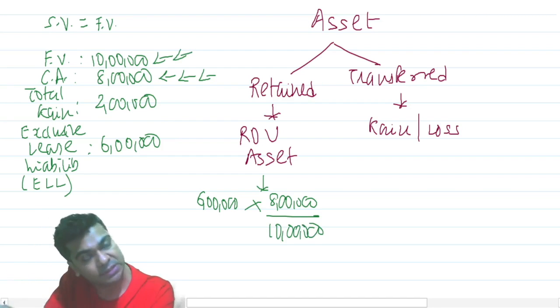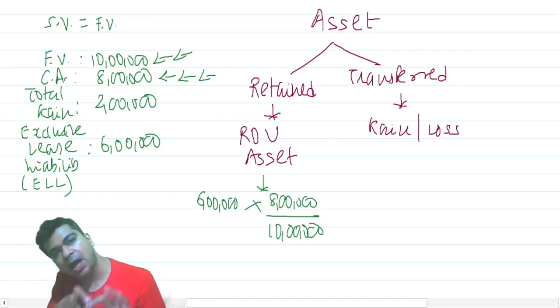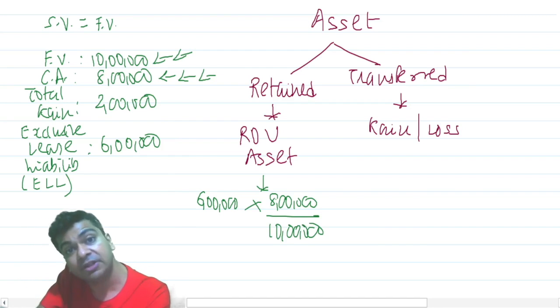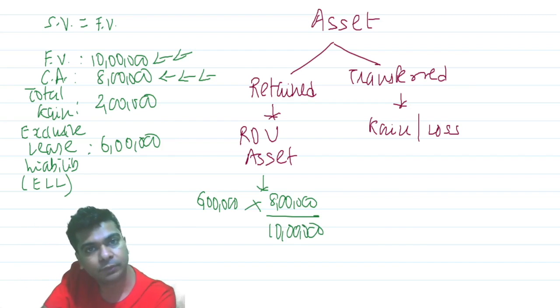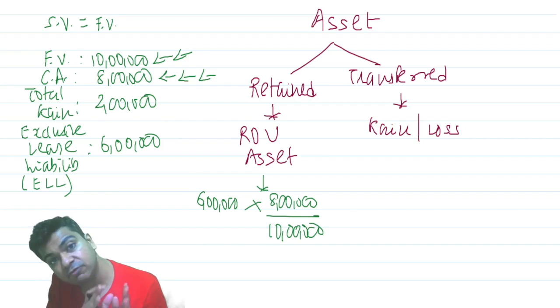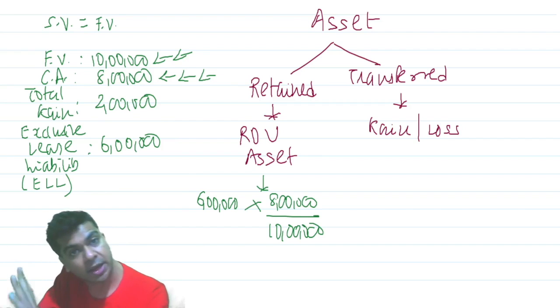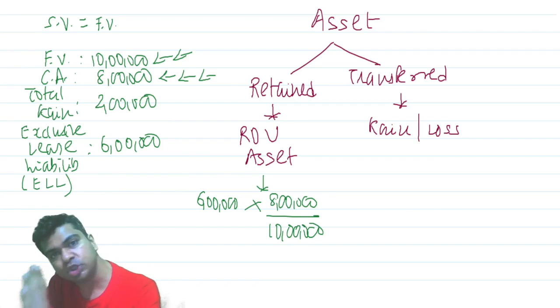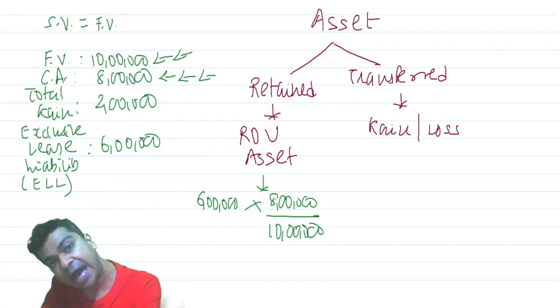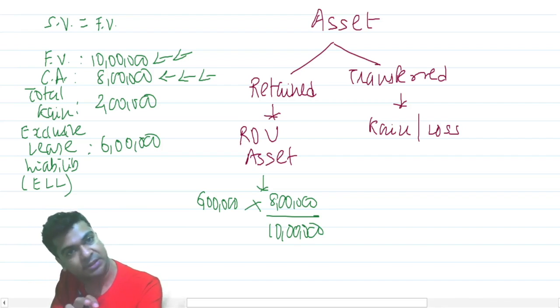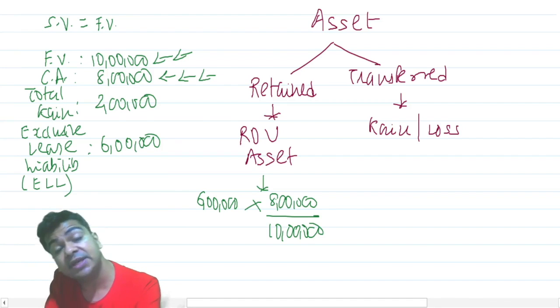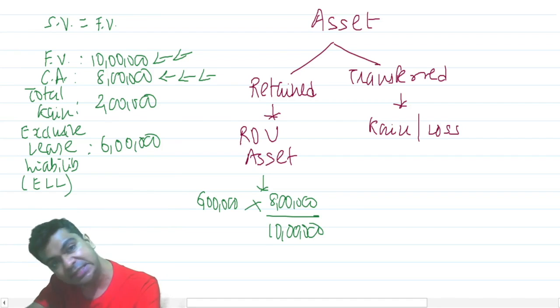What I'm doing is I am recognizing the ROU asset retained with reference to the carrying amount. An asset will be shown in our books at the carrying amount. So in proportion to the carrying amount, I am recognizing the ROU asset. Because it's an ROU asset, it has to be recognized with reference to the lease liability.